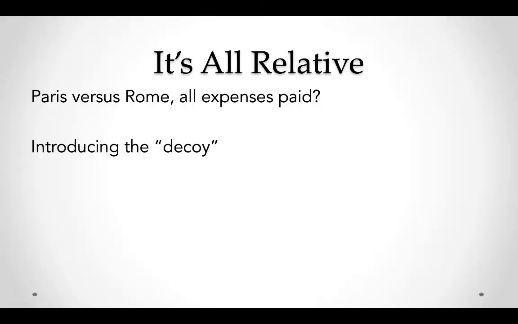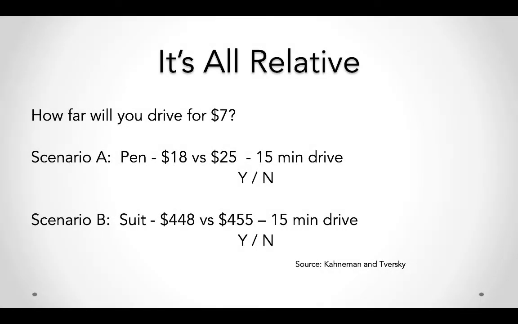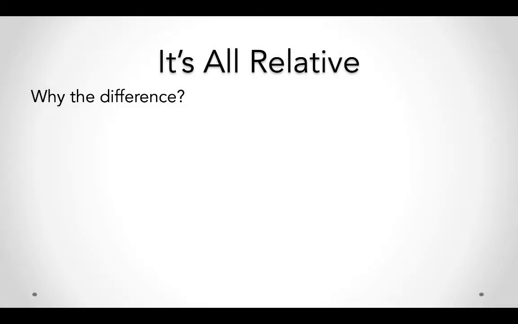Most people in scenario A did drive to get the cheaper pen, and in scenario B, they didn't. The question was the same. Will you drive 15 minutes to save $7? But for some reason, the preferences were reversed when we moved from scenario A to scenario B. Why? The question is why?